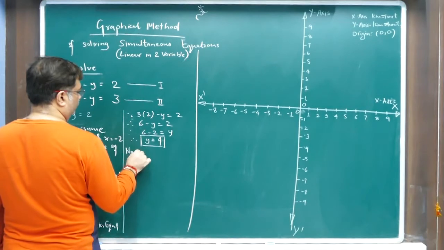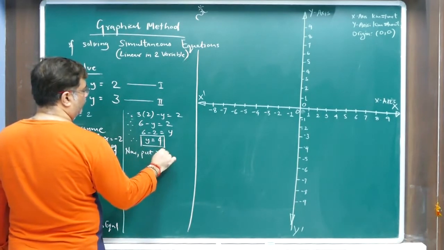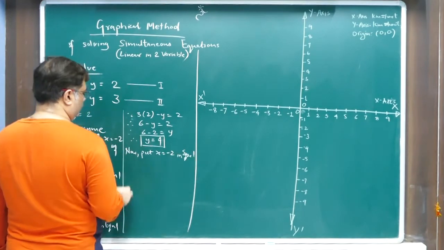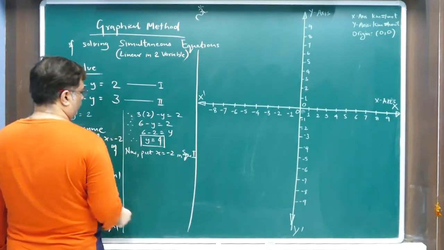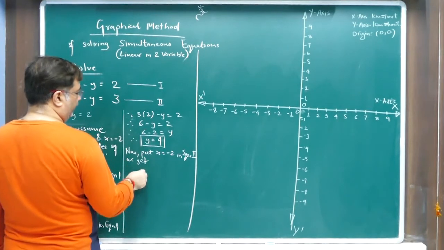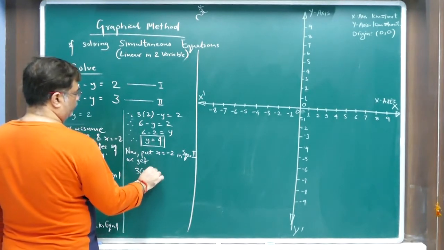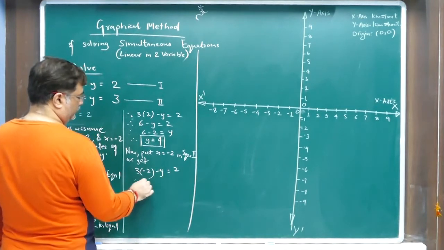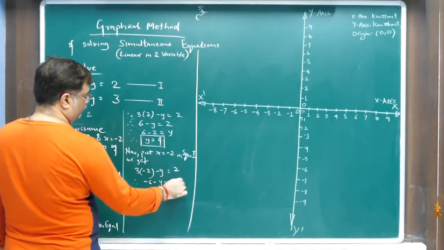Now put x equal to minus 2 in equation 1. So what do we get? We get 3 into minus 2 minus y is equal to 2. So minus 6 minus y is equal to 2.